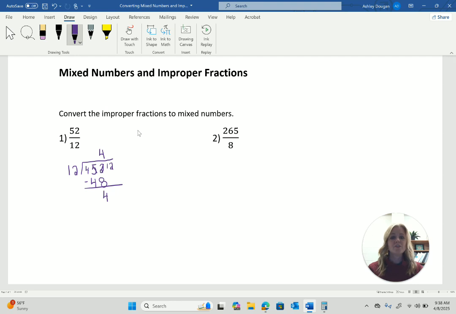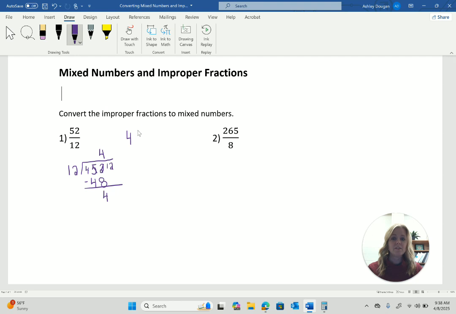Now, there are no other numbers to bring down, so I know I'm finished with my long division. I need to take these values and write this as a mixed number. Because it goes evenly 4 times, it goes 4 whole times. 4 is my whole number.